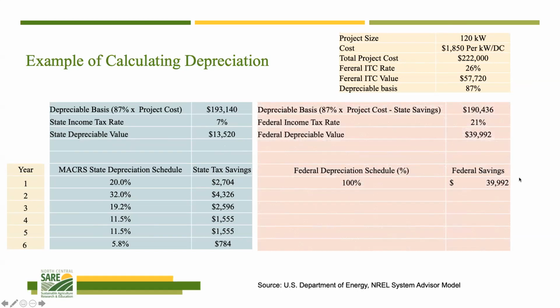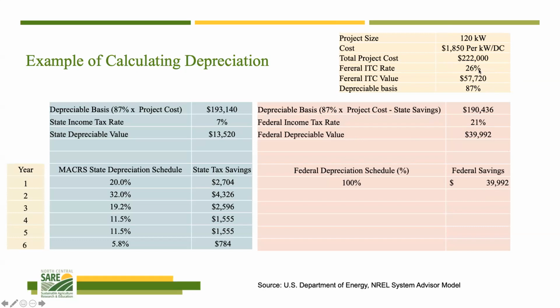On the federal side, we utilized the 100% bonus depreciation in year one. One thing that is a little different here is that to calculate the depreciable basis on the federal side, we take the 87%. This 87 comes from our 26% federal investment tax credit.